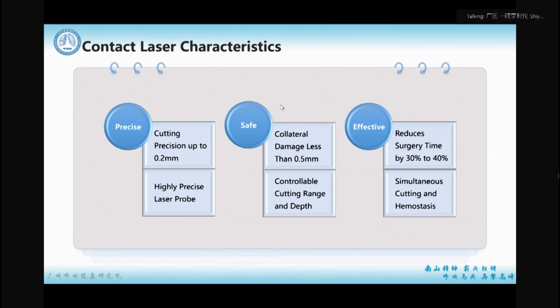Other lasers are very high powered, but with the contact laser the lateral damage is less than 0.5 millimeter, and the cutting rate and depth are controllable. It's safe and effective.